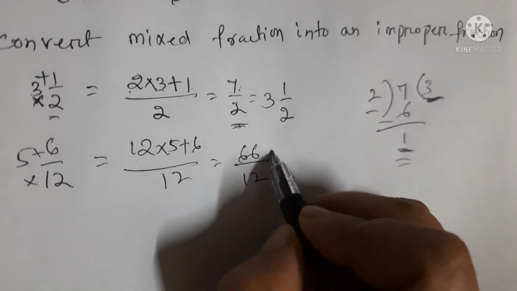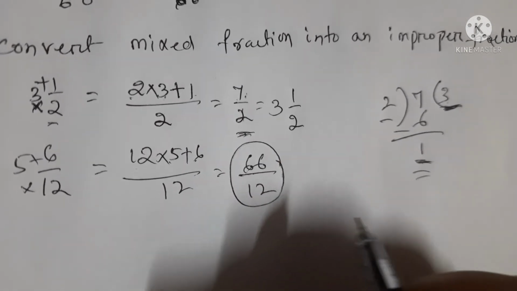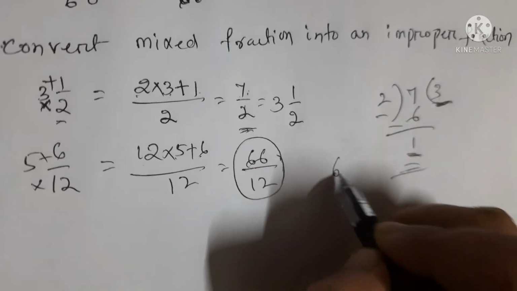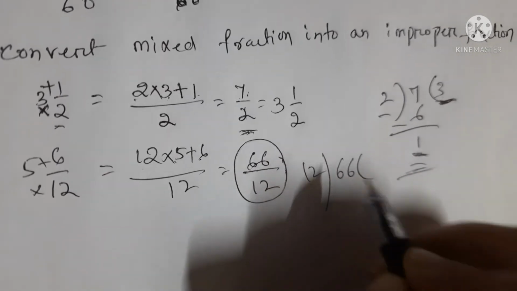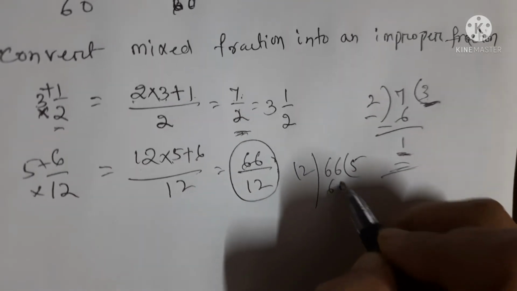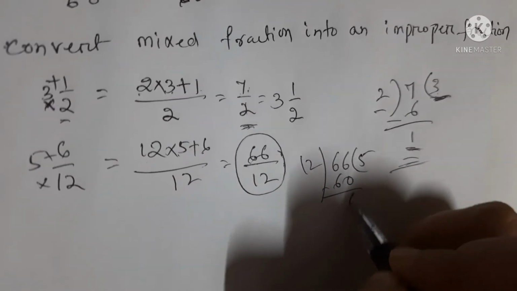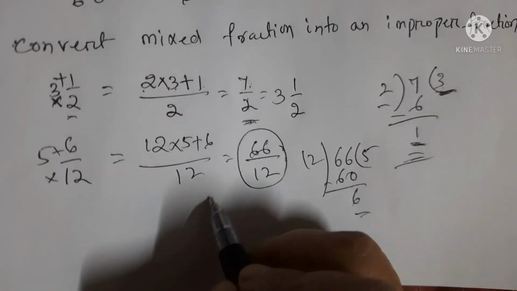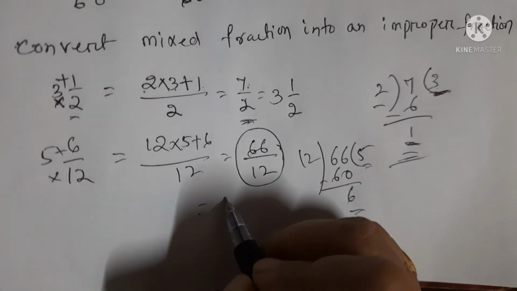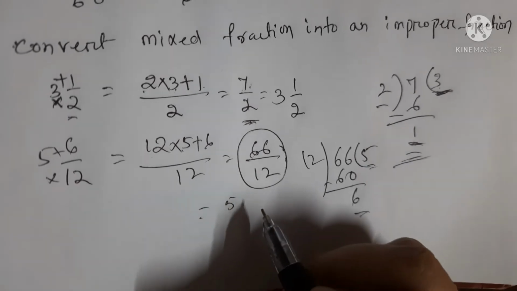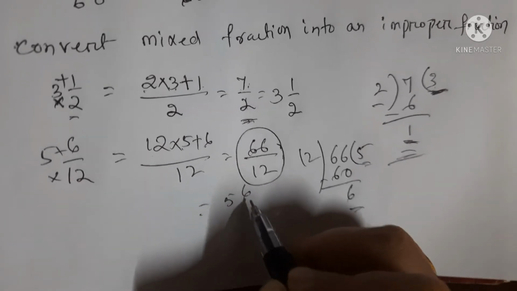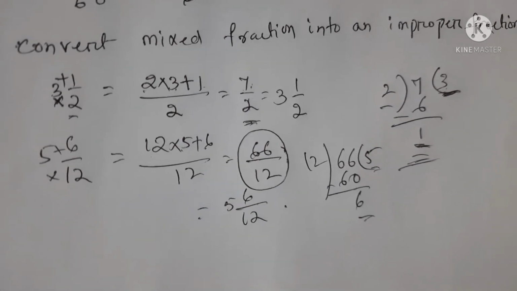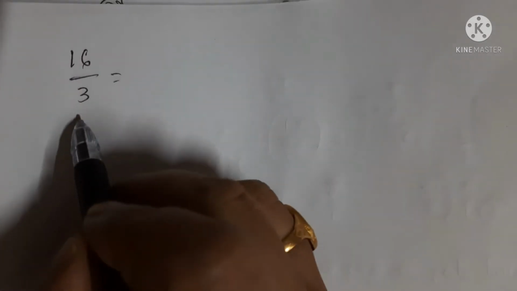Now this one also you can convert back by doing like this. How? With the 12 table, 12 5s are 60. If you do subtraction you will get 6. Now how will you write here? First this 5, the quotient, then the remainder, then this 12, likewise. Okay, now this is an improper fraction.